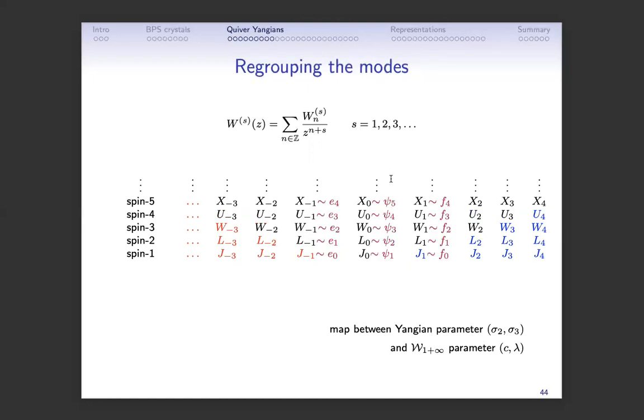Roughly speaking, all the zero modes map to the Cartan of the alpha Yangian, the minus modes map to the E generators, and the plus modes map to the F generators. And these two parameters, sigma 2, sigma 3, or h1, h2, h3, with the constraint that h1 plus h2 plus h3 equals 0, map to the two parameters of the W1+infinity.